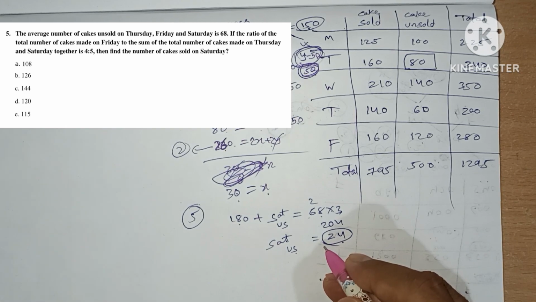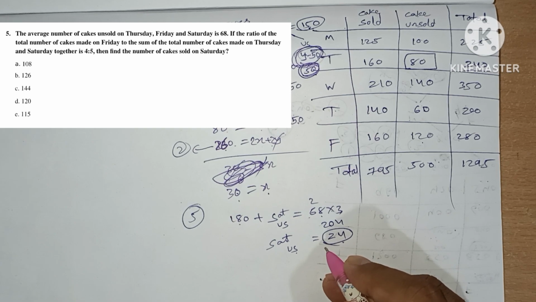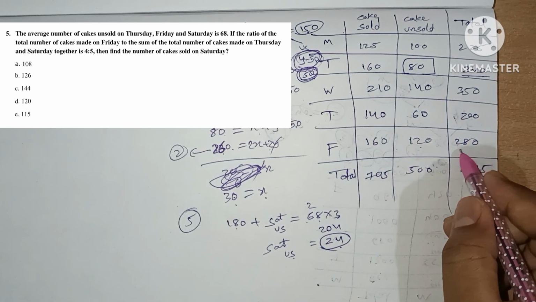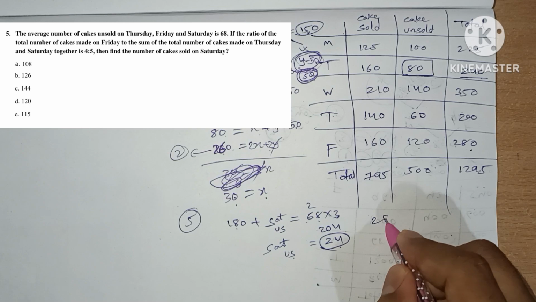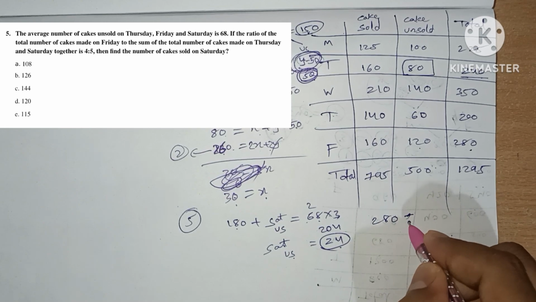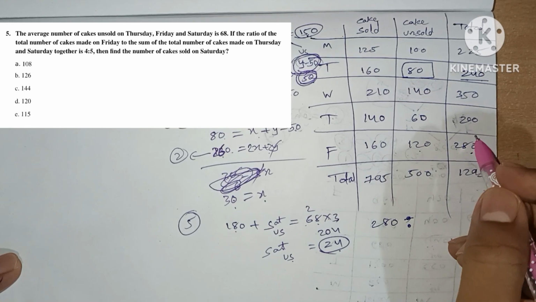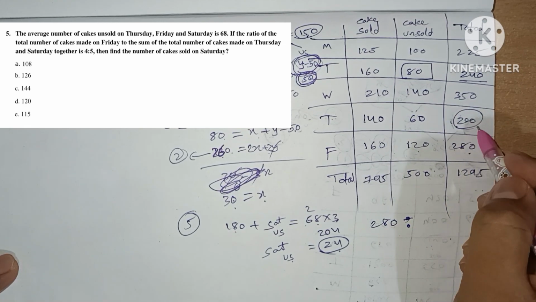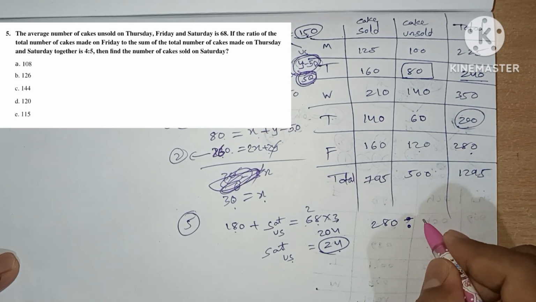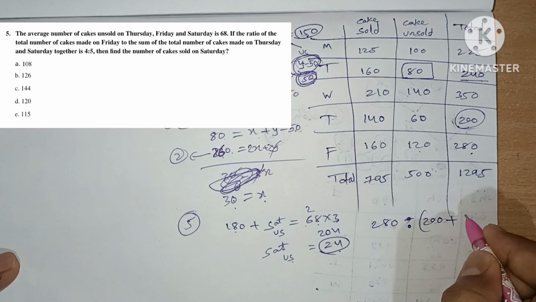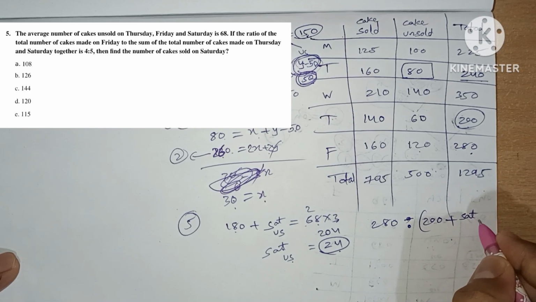The next statement says that the ratio of the total number of cakes made on Friday to the sum of the total number of cakes made on Thursday and Saturday together is 4:5. What it means is the total number of cakes made on Friday, which is 280, is to the total number of cakes made on Thursday and Saturday. Thursday total made is 200 and we don't know the Saturday total.